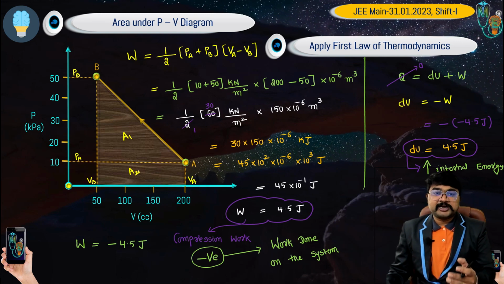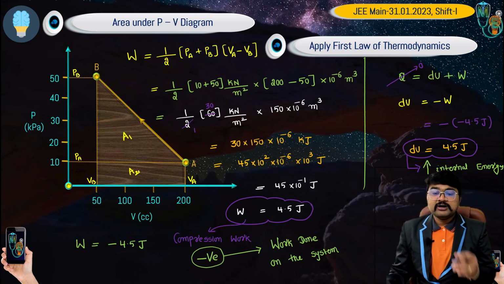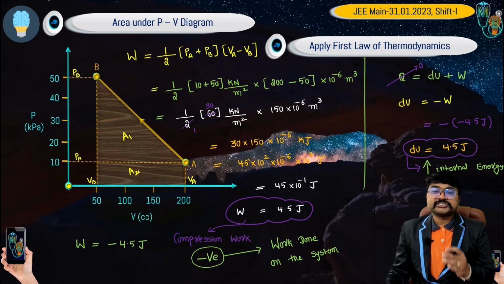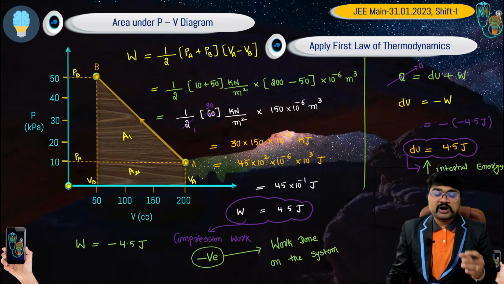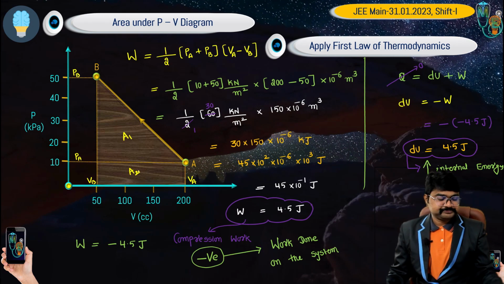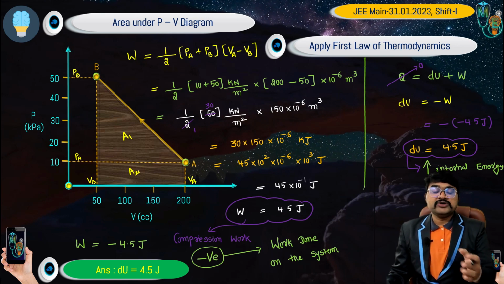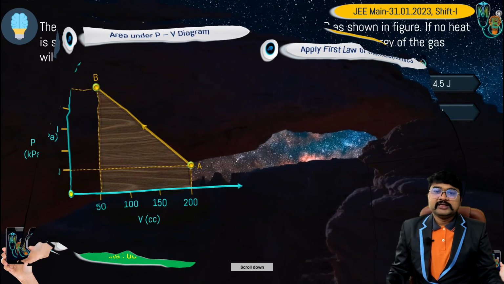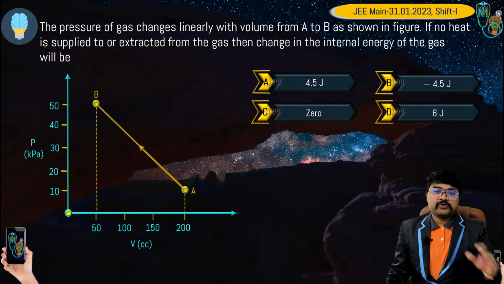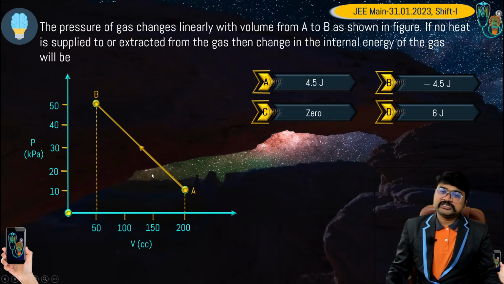In expansion, pressure decreases and volume increases. Conventionally, compression work is assumed to be negative and expansion work positive. This is the way to solve this problem. dU equal to 4.5 joule. Understood? That is the answer to this question.